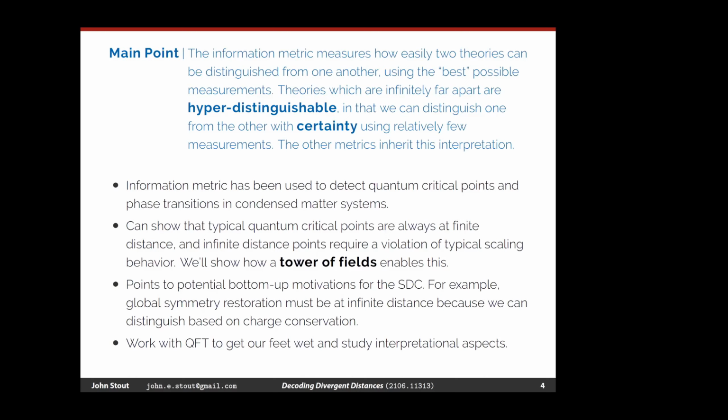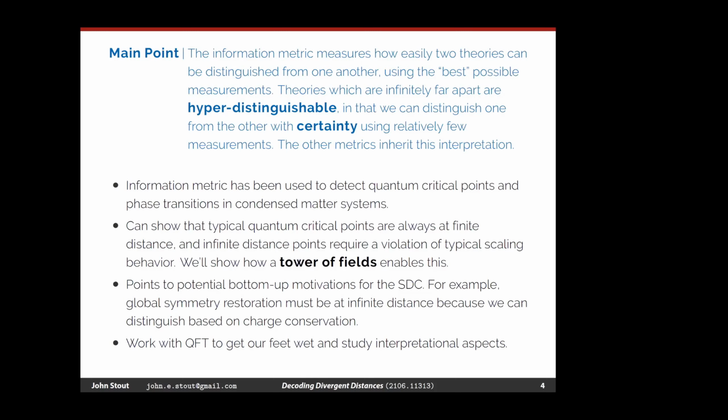So this information metric has seen quite a bit of popularity in the last decade in the condensed matter community as a way of detecting quantum phase transitions. You don't need to identify an order parameter. All you say is that this information metric is capturing qualitatively distinct phases of a theory, and a different phase should be highly distinguishable from another phase.